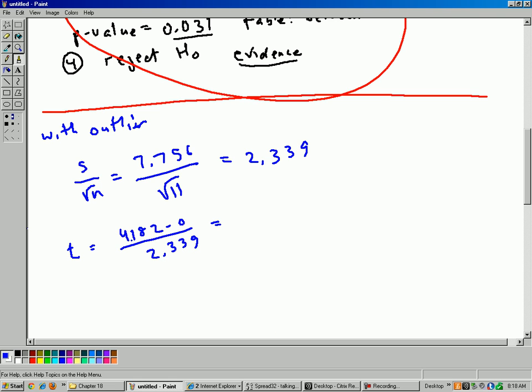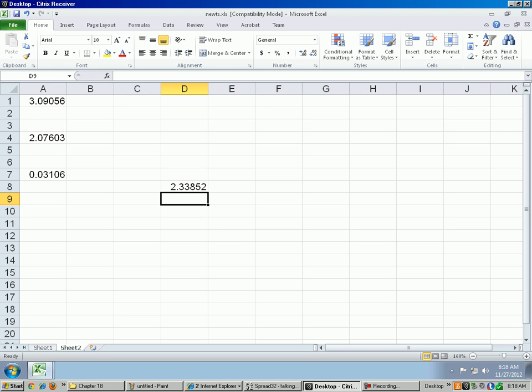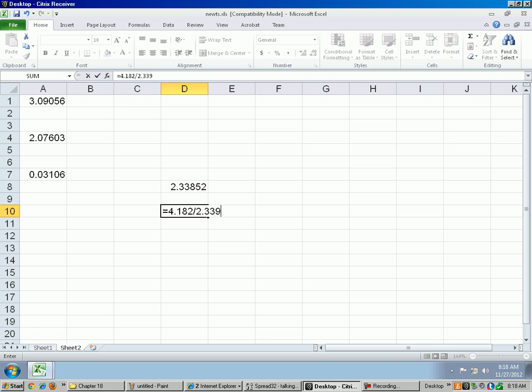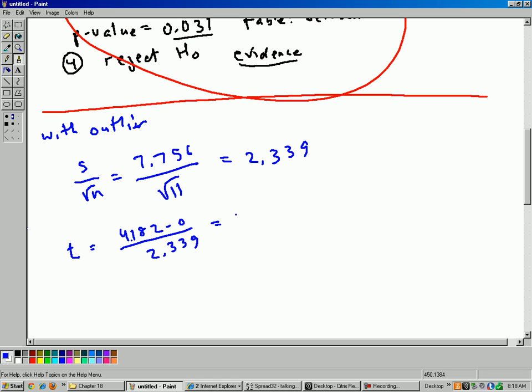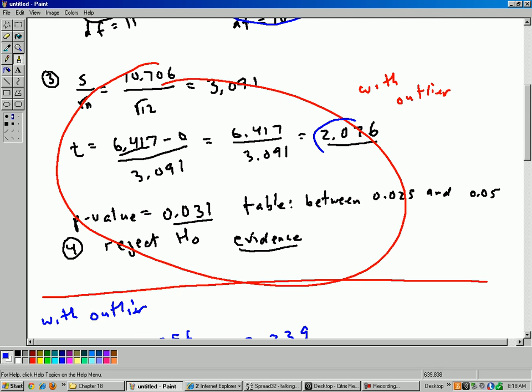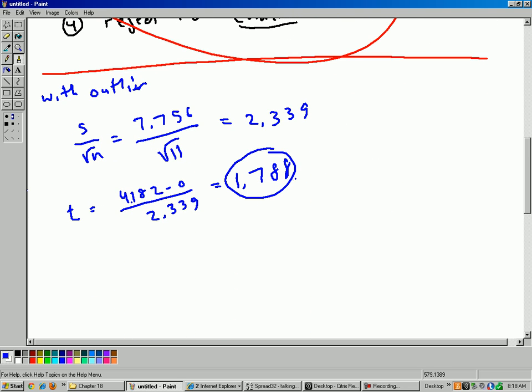So equals 4.182 divided by 2.339, which is 1.788. Let's round to 3 digits there. So you can see, just because that one outlier was thrown out, our t is lower than before. Before, the t was 2.076. Now the t is 1.788.